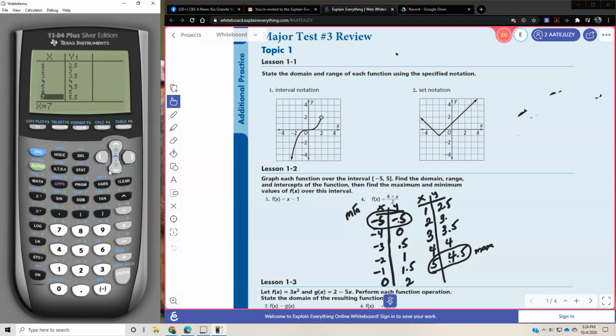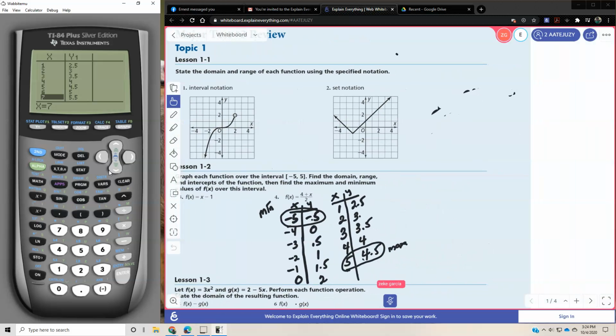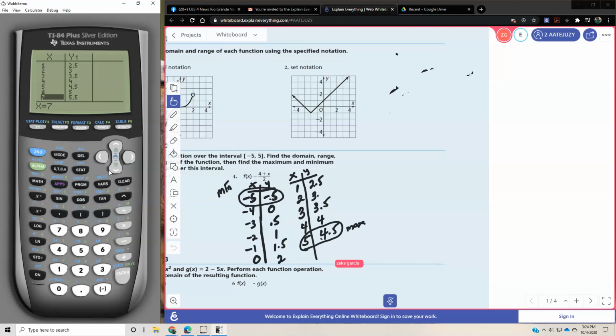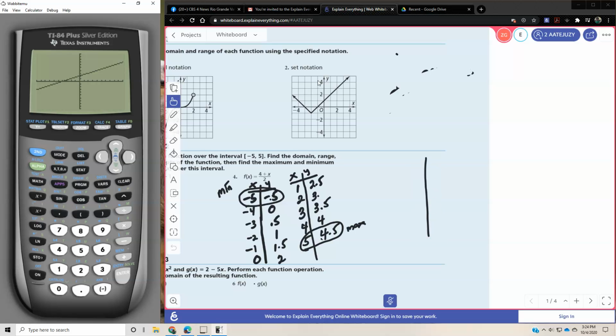And I'm going to go ahead and sketch the graph here. So I have my x-axis, my y-axis, and I have negative 5 is negative 0.5. 1, 2, 3, 4, 5.